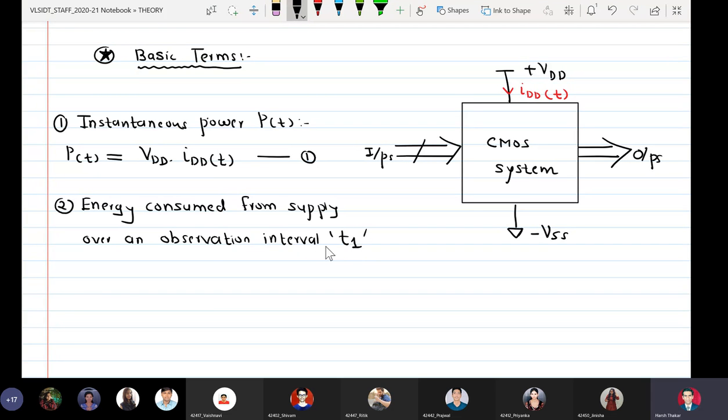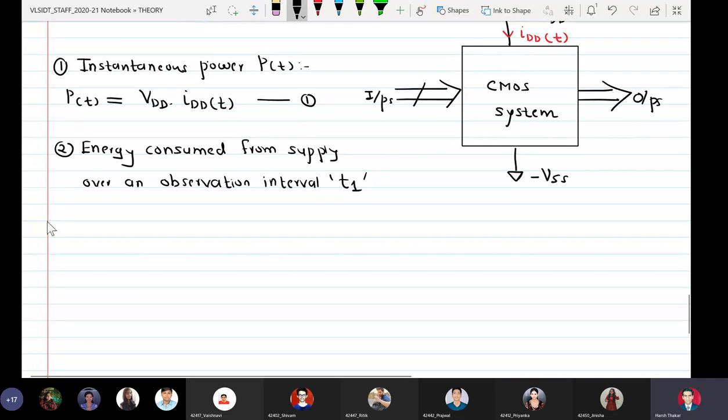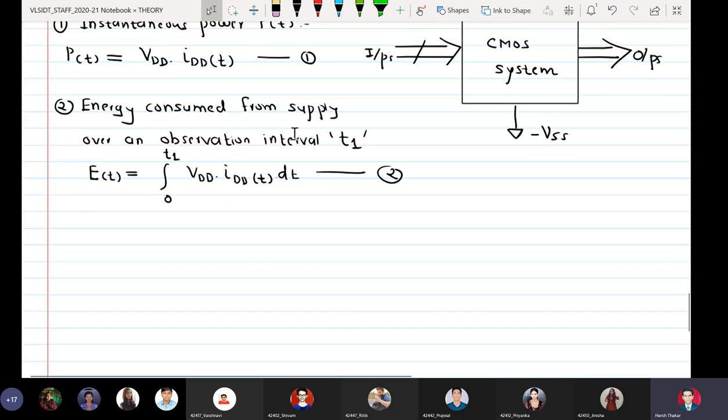So T1 is the observation interval for the power dissipation in a system. Energy consumed from the supply over an observation interval T1 is given as E of T equals the integration from 0 to T1 of VDD times IDD of T dt. Let this be equation number 2.